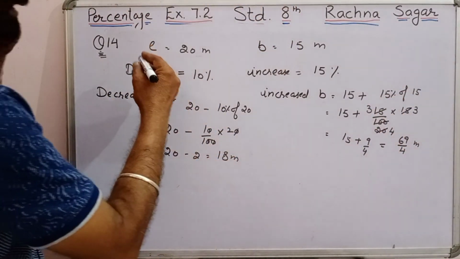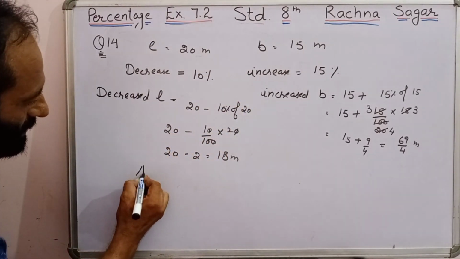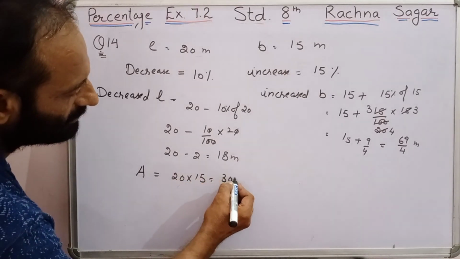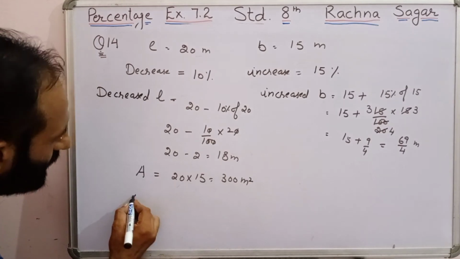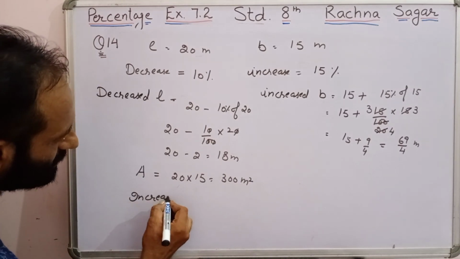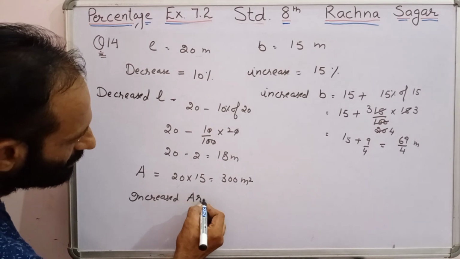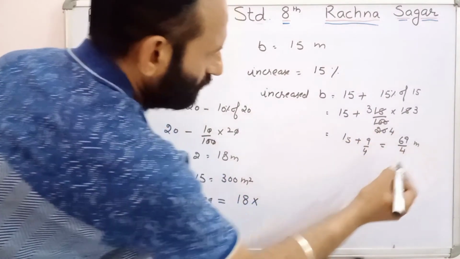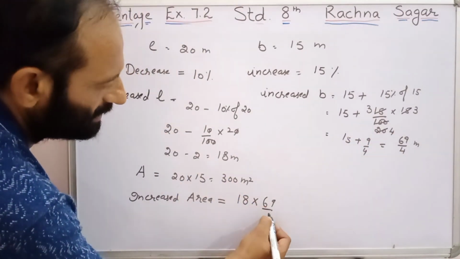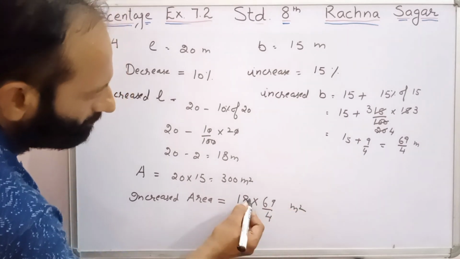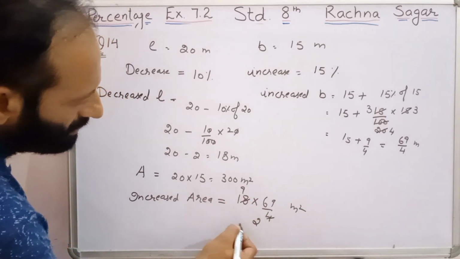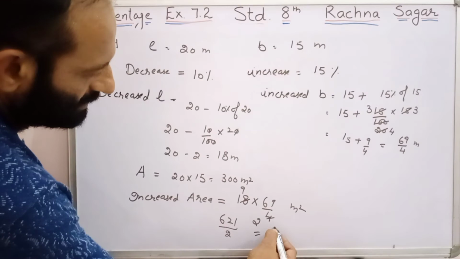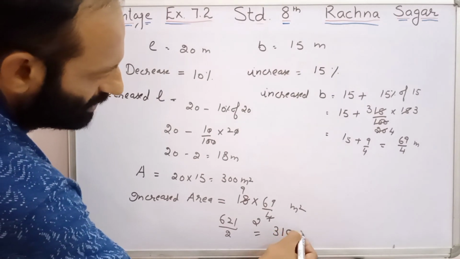Now original area of the plot is length into breadth. 20 into 15 is equal to 300 meter square. Increased area of the plot is, now length is 18 meter and breadth is 69 over 4 meter. So length into breadth, it comes out to be 621 over 2, that is 310.5 meter square.